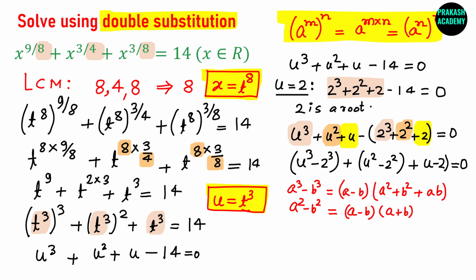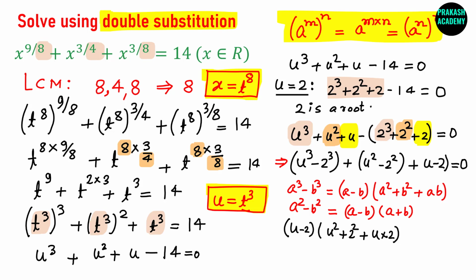So now if you use these two identities, then we can further rewrite this expression. I can write u³ minus 2³ as (u minus 2) times (u² plus 2² plus u times 2).